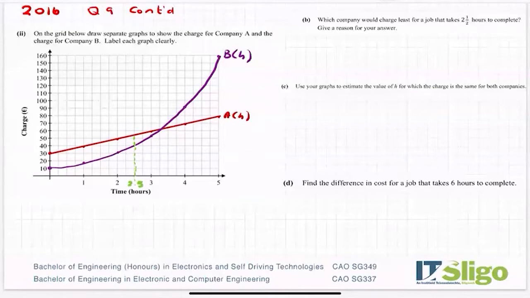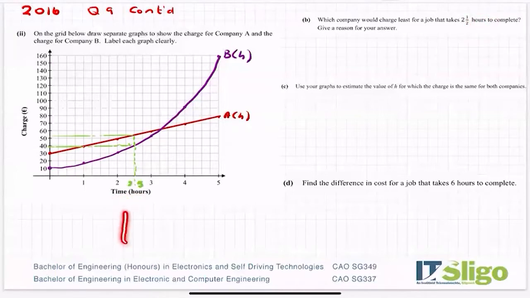Okay, so why did I stop there? Well, I've hit the two graphs, okay? So what I do then is I come across to the y-axis for the two of them, and you come across at the point where it touches the graph, okay? So I came up at 2.5 hours. So what I do is I look at hours and I go, right, that's my x-axis.